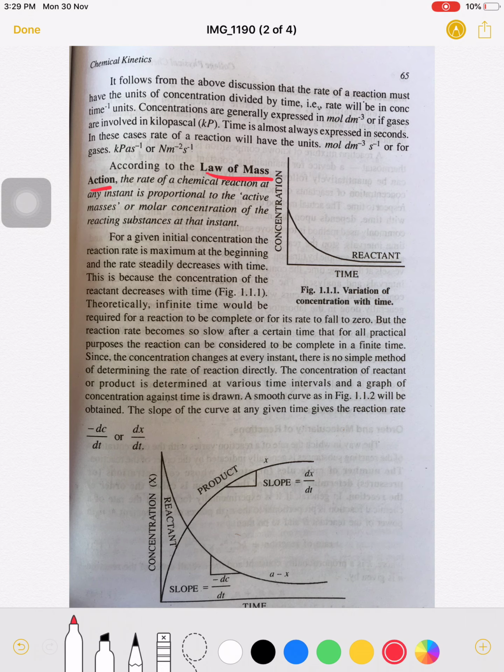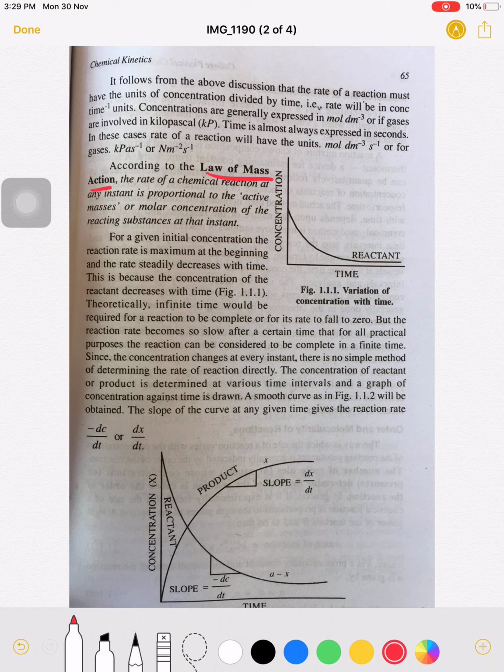So the rate of chemical reaction at any instant, suppose after 1 minute, 2 minutes, 1 hour or 2 hours, at that instant the rate of reaction is proportional to the active masses or molar concentration of the reacting substance at that instant.